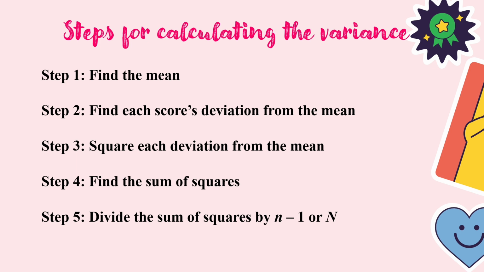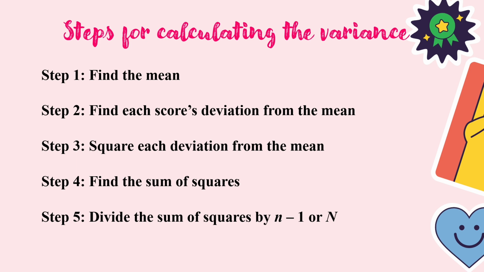To fulfill this step, we subtract the mean from each score to get the deviations from the mean. Then step 3 is to square each deviation from the mean. Multiply each deviation by itself, as this will result in positive numbers. Then step 4 is to find the sum of squares.